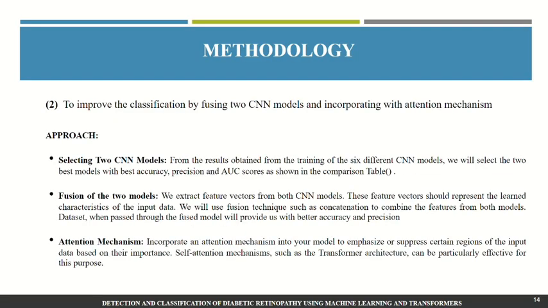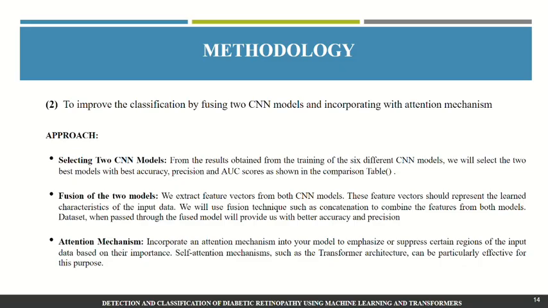So this is the methodology of our phase 2, that is the selection of two best CNN models, as we said before. InceptionV3 and DenseNet121 were selected according to the accuracy, precision, and AUC score values. Our next objective was the fusion of two models.